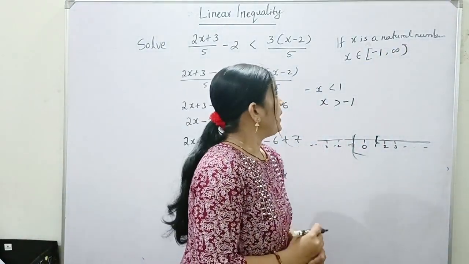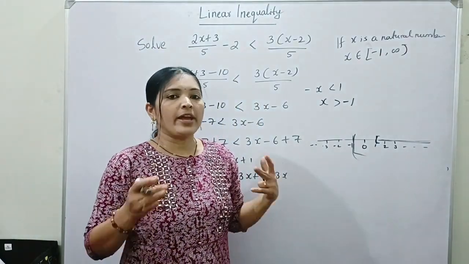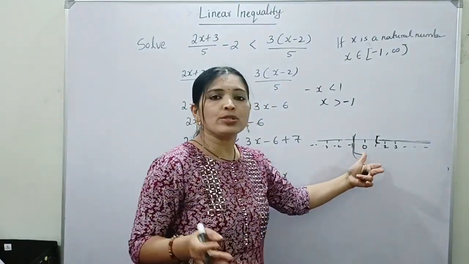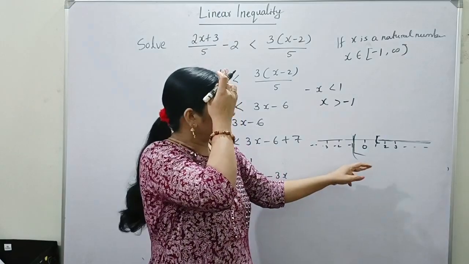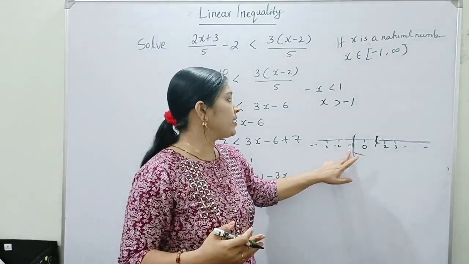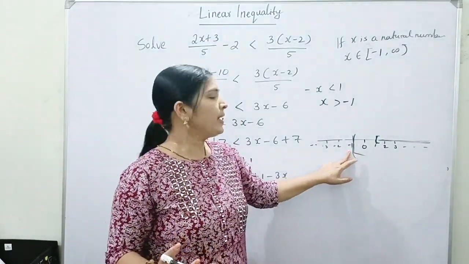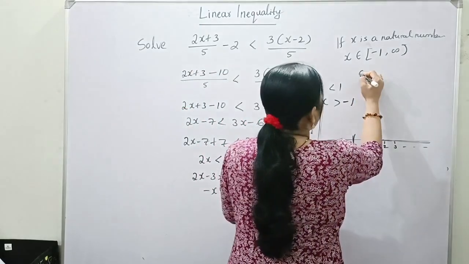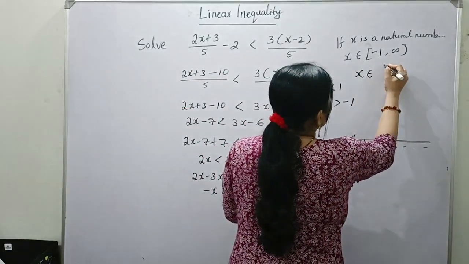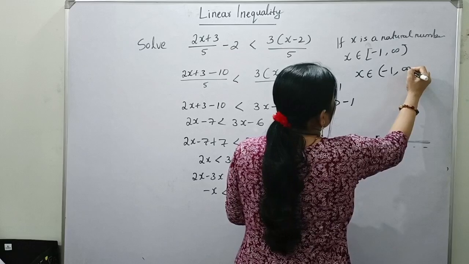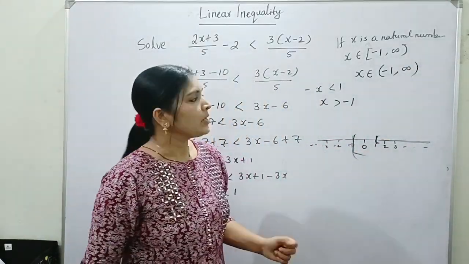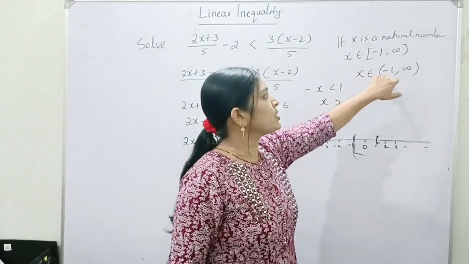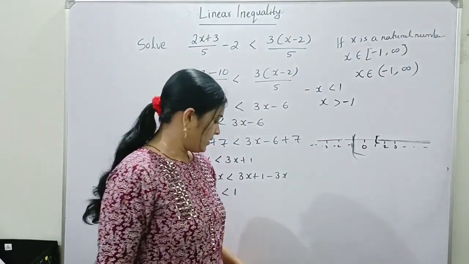Then if x is an integer, minus values are included, isn't it? But minus 1 will not be included. So here we can write x belongs to minus 1 to infinity. 0 is included, right? So open interval minus 1 to infinity.